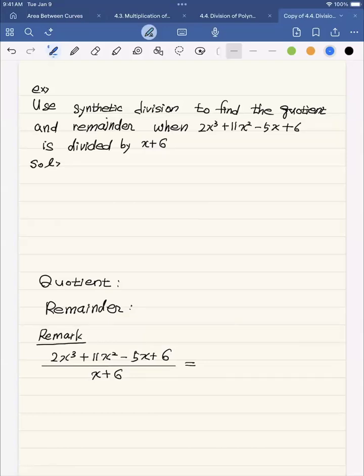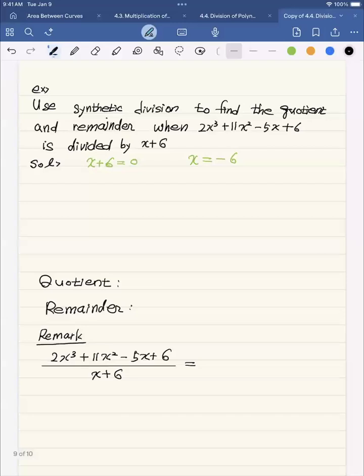In the next problem, use synthetic division to find the quotient and remainder when x cubed plus 11x squared minus 5x plus 6 is divided by x plus 6. Firstly, we want to set up an equation, x plus 6 equals 0, and solve for x, then it'll be negative 6.